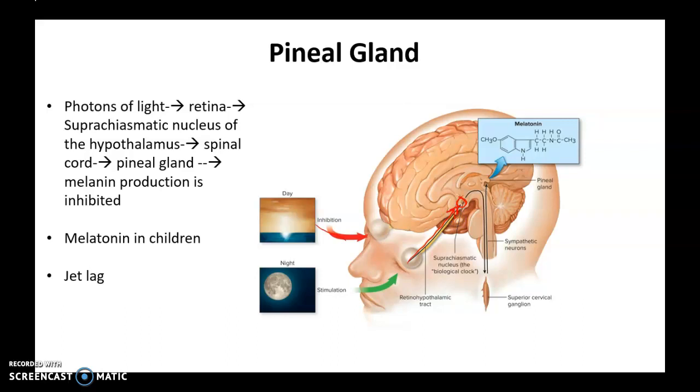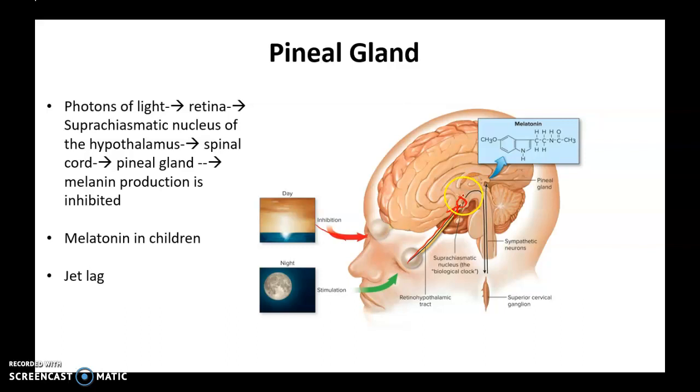And this nucleus, the suprachiasmatic nucleus, is important in regulating biological rhythms. From the suprachiasmatic nucleus, the nerve signal is carried to the spinal cord.